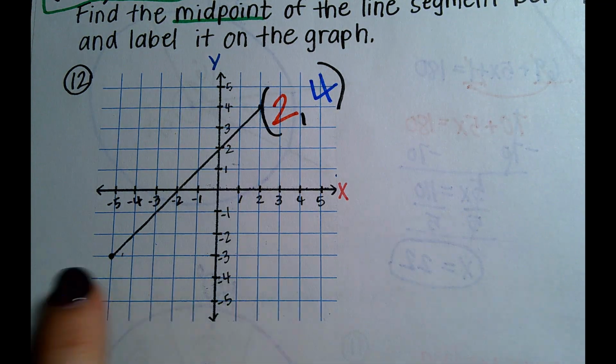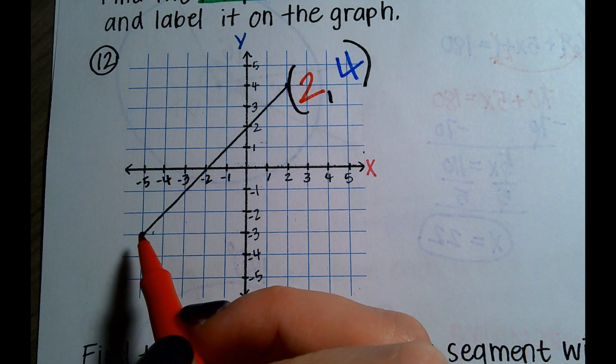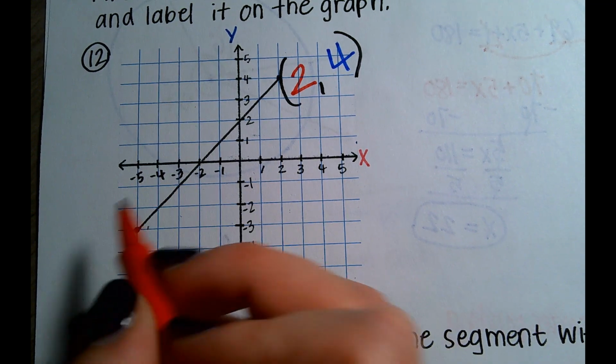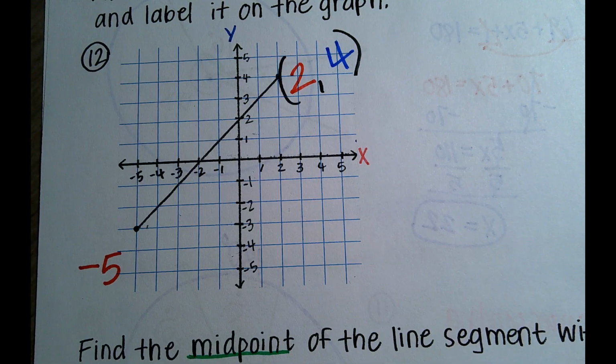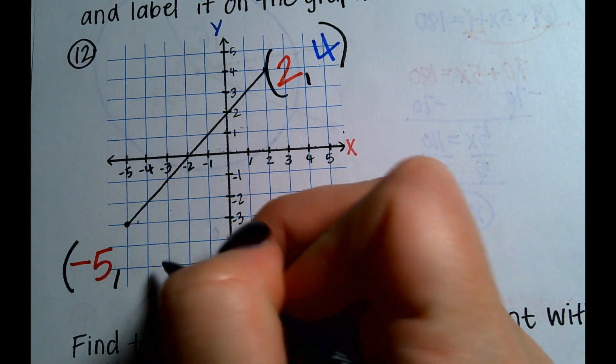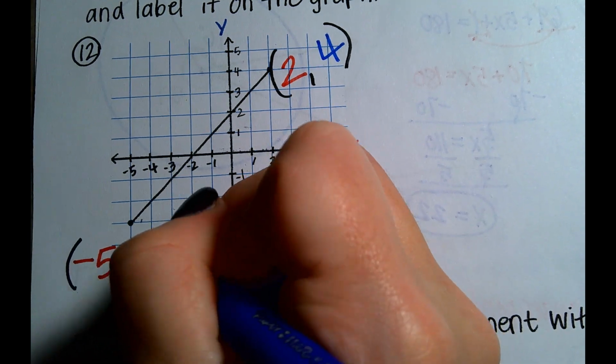And my next point down here, what's the X value? -5, perfect. And my Y value? -3, beautiful. Okay, so we have everything all nice and written out.